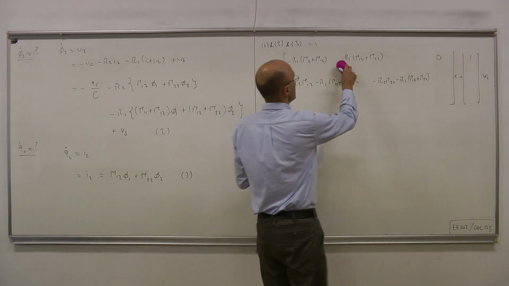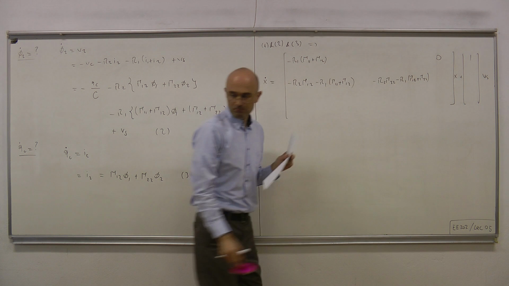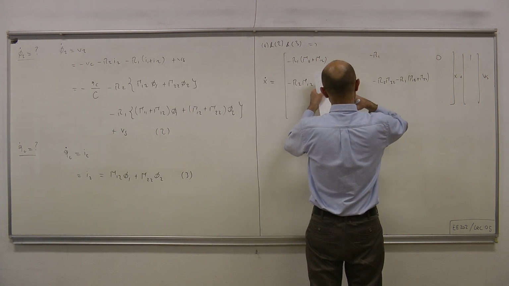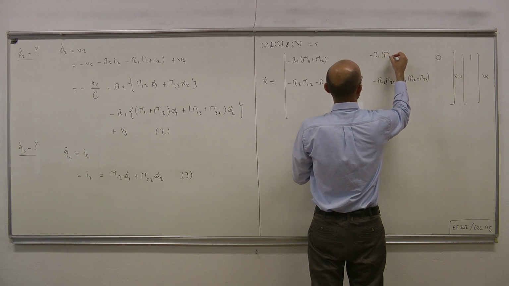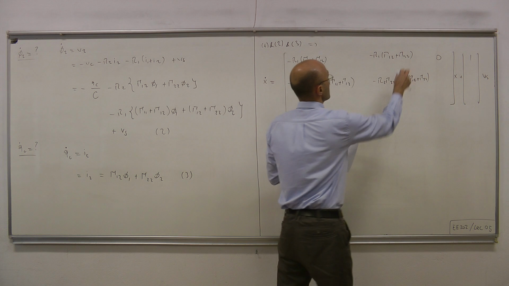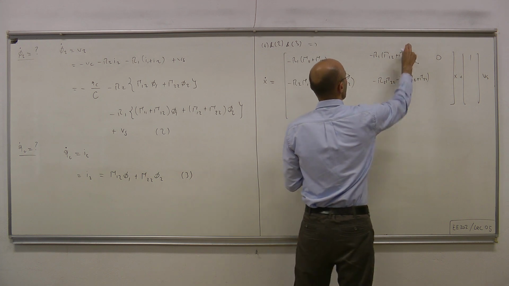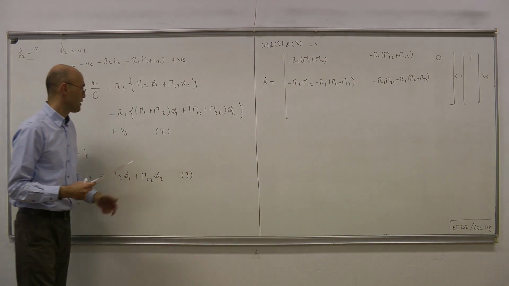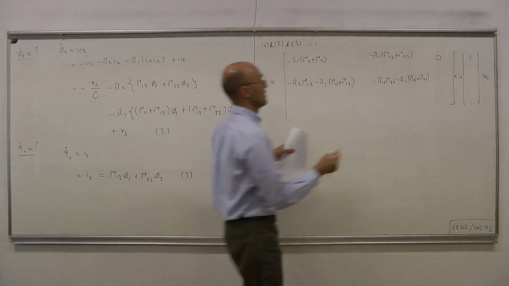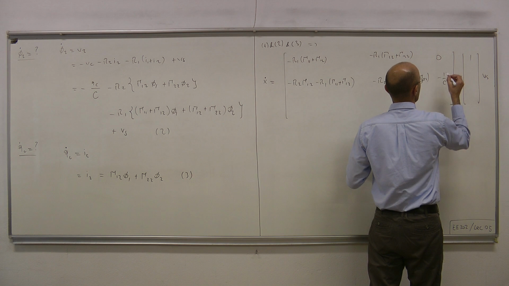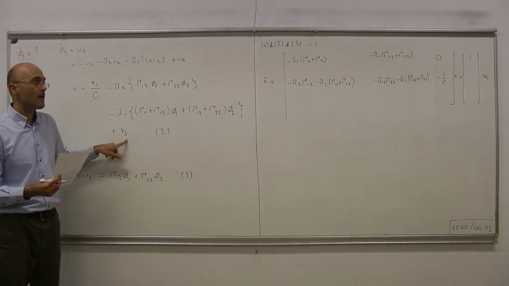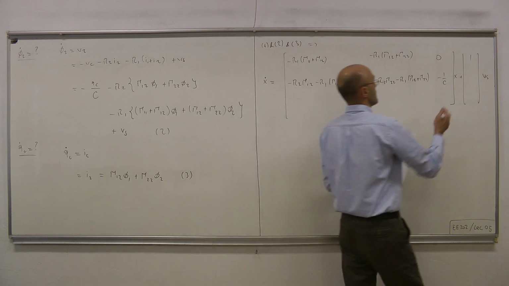Okay, so I have to carry this a little bit to the right. Minus R1 gamma 2. And finally, for the third state, we have minus 1 over C QC. That's what this entry should be, minus 1 over C. As for Bs, we have 1 over there.